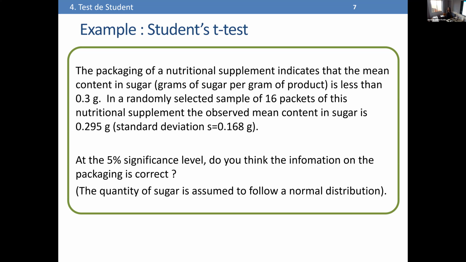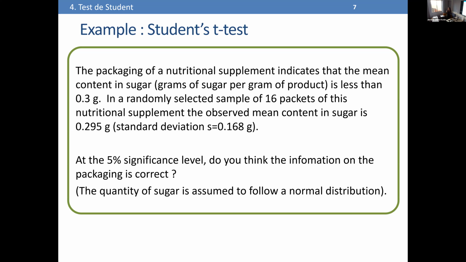I said just before that the null hypothesis is always an equal sign, and the alternative hypothesis is different, or less than, or more than. So do you want to start again? Equal to 0.3, yes, and the alternative hypothesis?